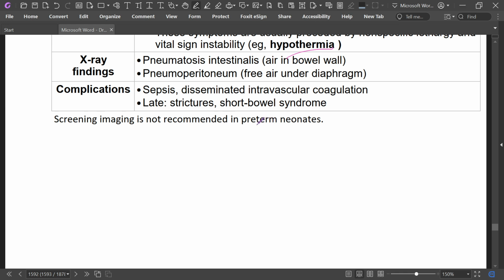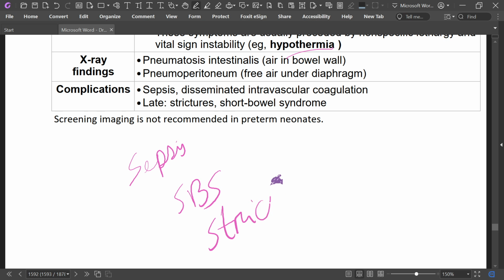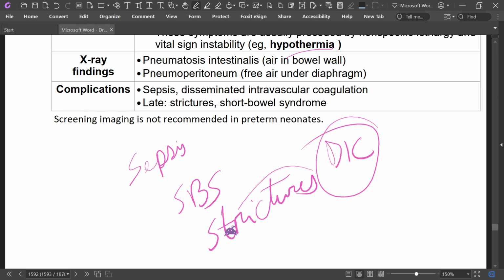There may be sepsis, stricture, short bowel syndrome, and DIC. These four things can happen as complications of necrotizing enterocolitis.